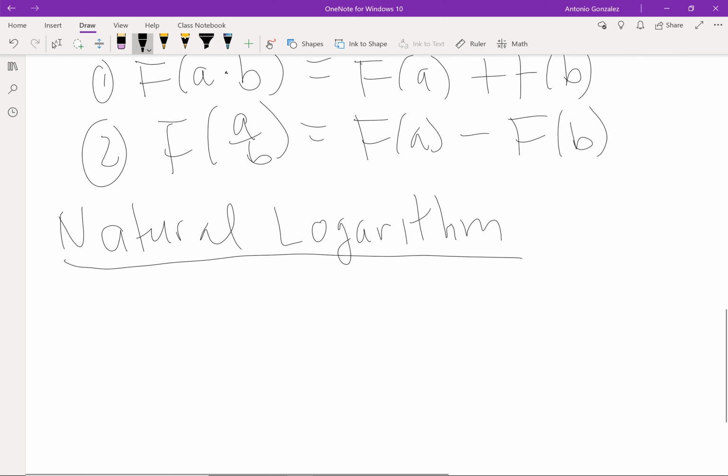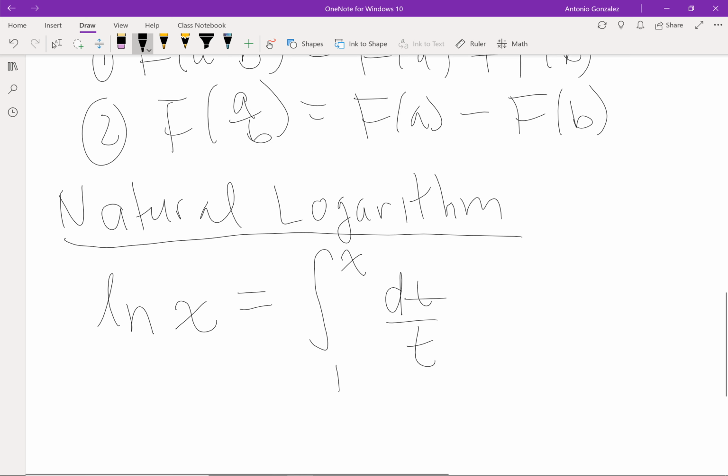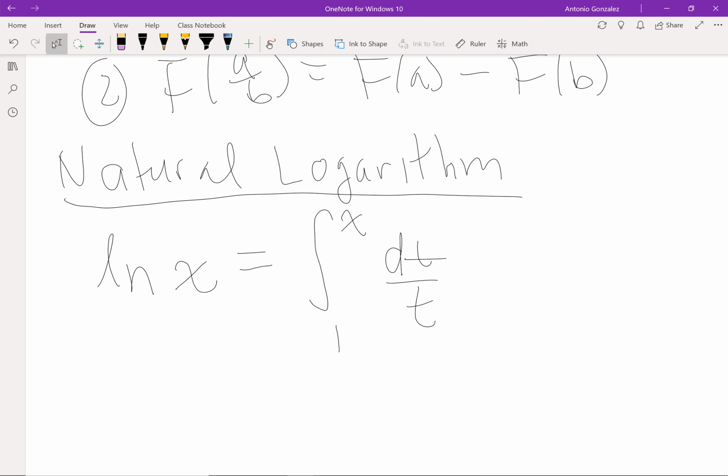Right, so it arises naturally. This ln of x is equivalent to the integral of dt over t. Maybe you've asked yourself before, what exactly is a logarithm?